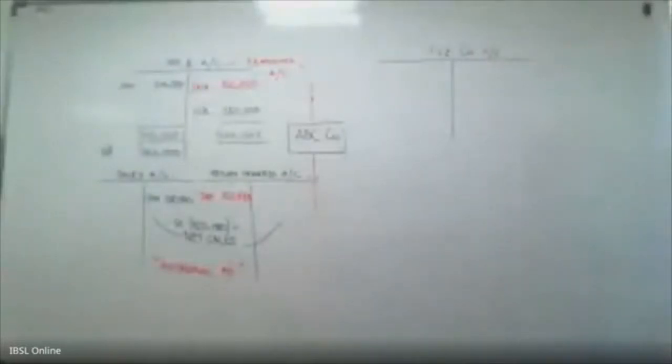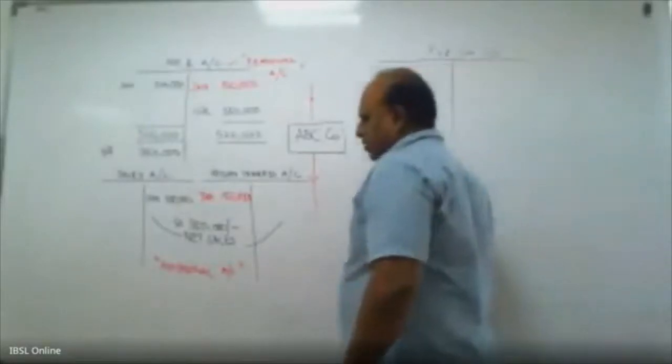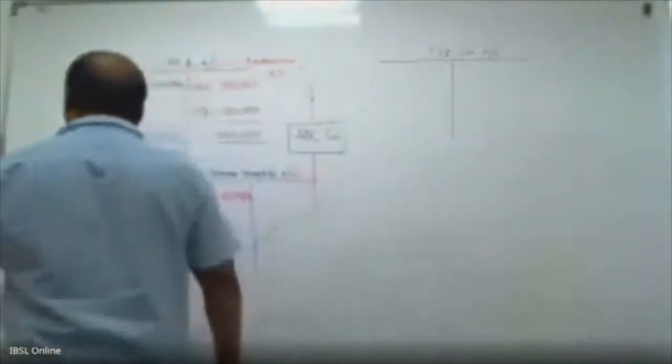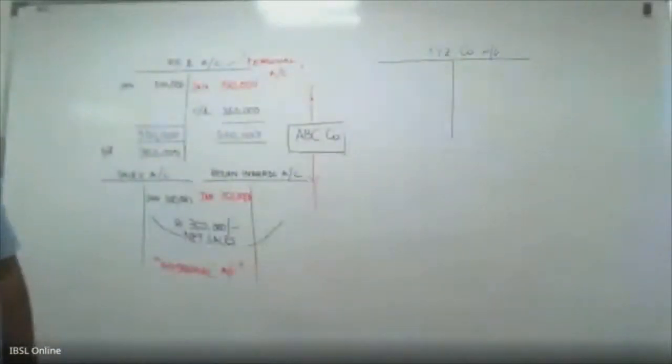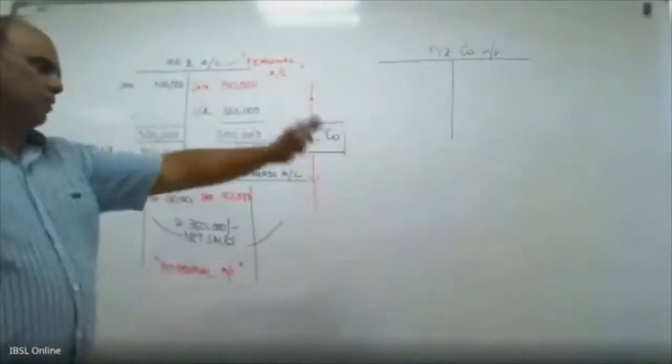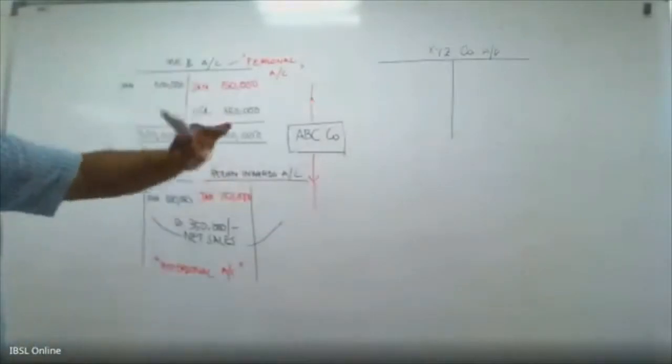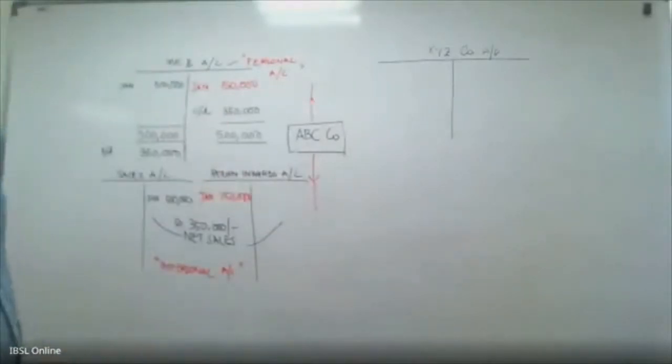So what are you going to do? You do a credit purchase. So when you do a credit purchase, what will happen? Similar to the sales, it is the right opposite of this. Right. So let's see how it works.